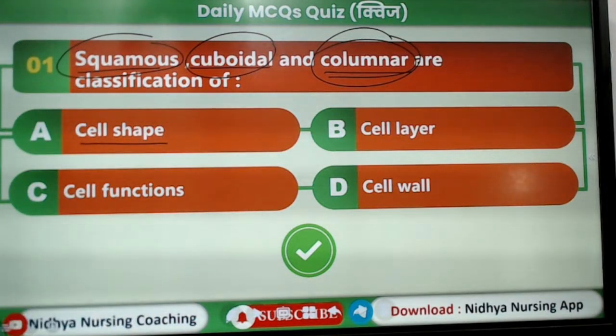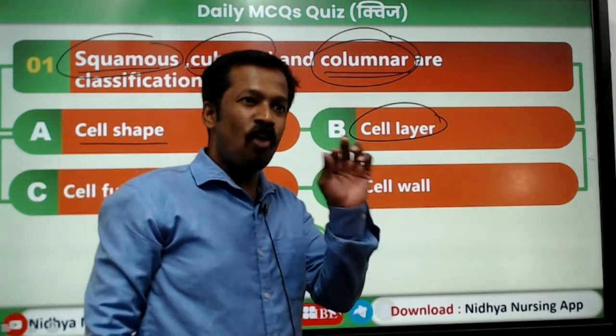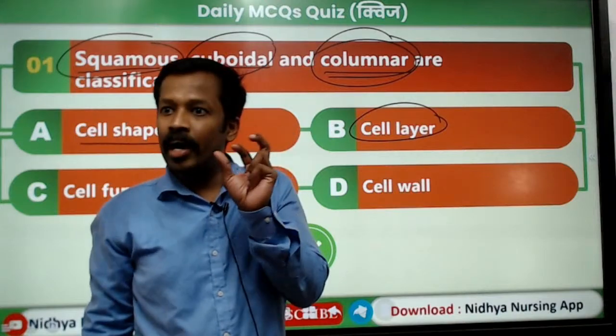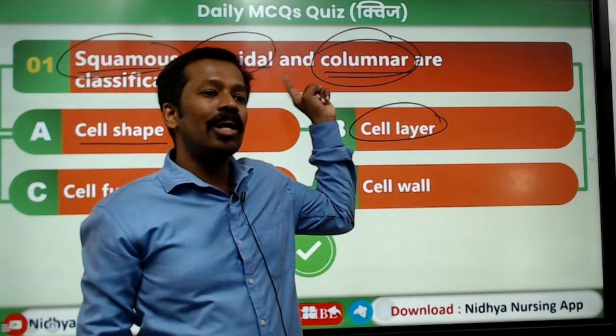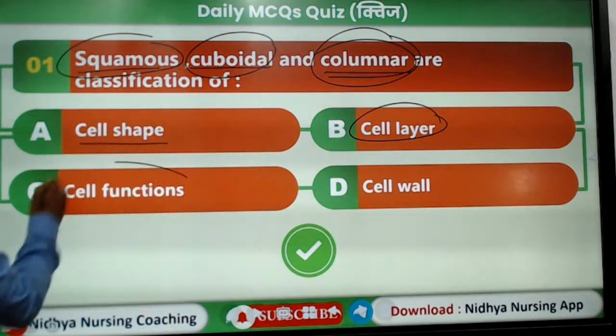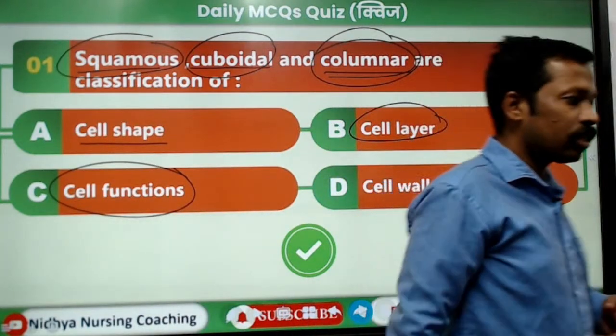Okay, fine. Is it about cell layer? Cell wall thickness, cell wall layer, with cell wall, without cell wall? No, that is not it. Okay, fine. How about cell functions? According to the cell function, what is the classification?